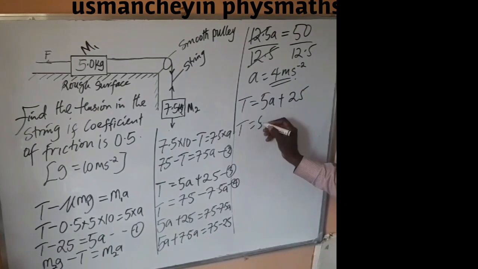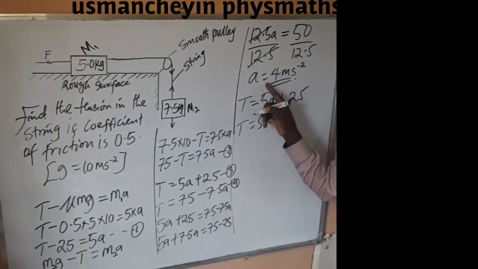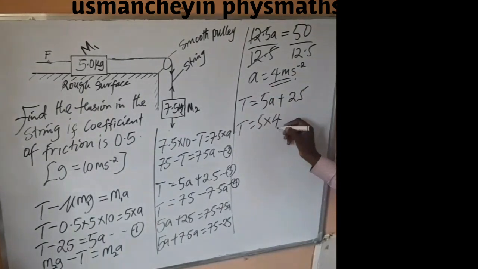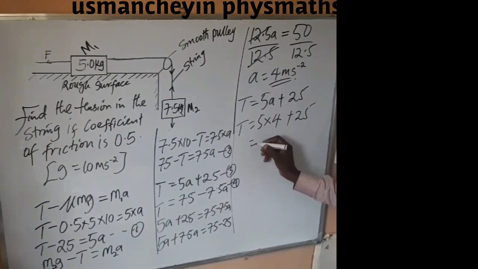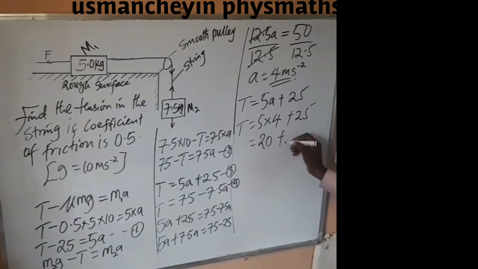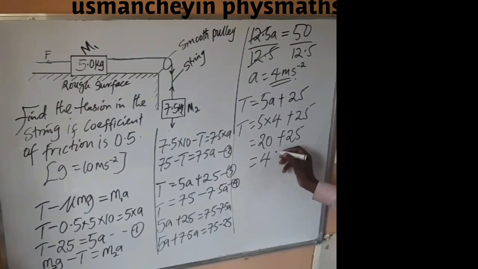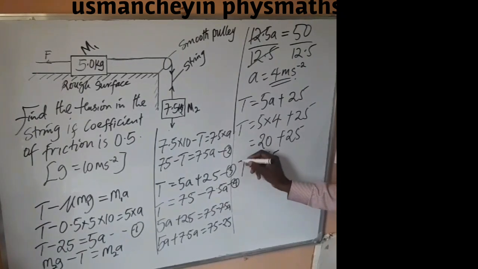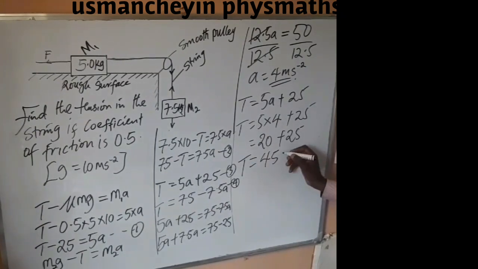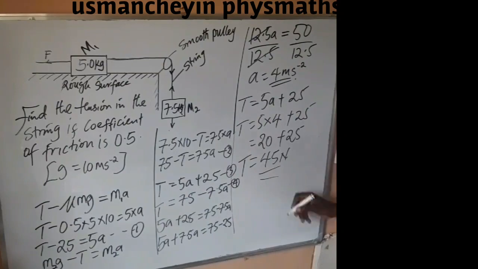So T is equal to 5 multiplied by the acceleration, which is 4, plus 25. So 5 times 4 gives us 20, plus 25, which is 45. And this is the tension, so it's 45 newtons.